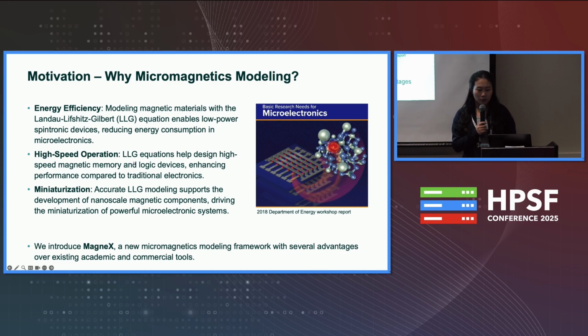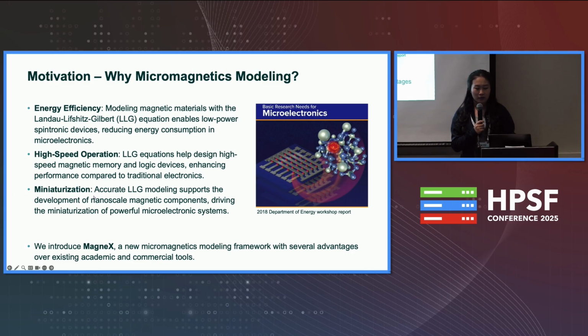This type of material works based on the switching of its internal spin state. So it gives us high-speed operation, and because it doesn't rely on the physical transport of electrons, the electron doesn't have to move physically from one location to another, it can also help us miniaturize the device size, because with spin you can just rely on the local change of the spin state instead of non-local electron movement.